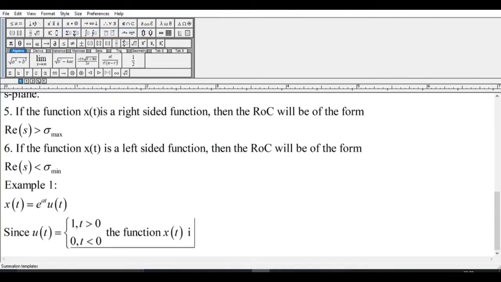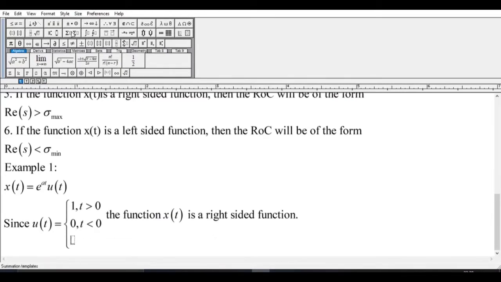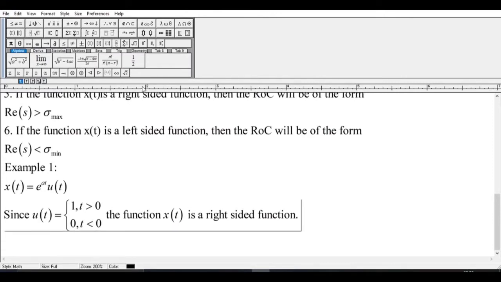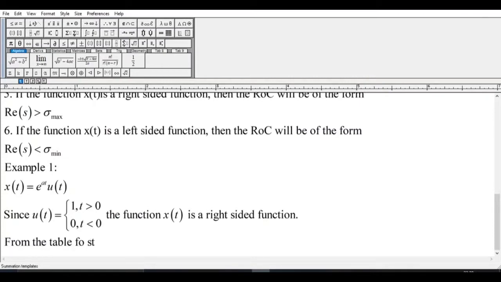Now let us find out the Laplace transform of this function x of t. From the table of standard Laplace transform pairs, the Laplace transform of this function can be written as X of s equal to 1 by s plus a.